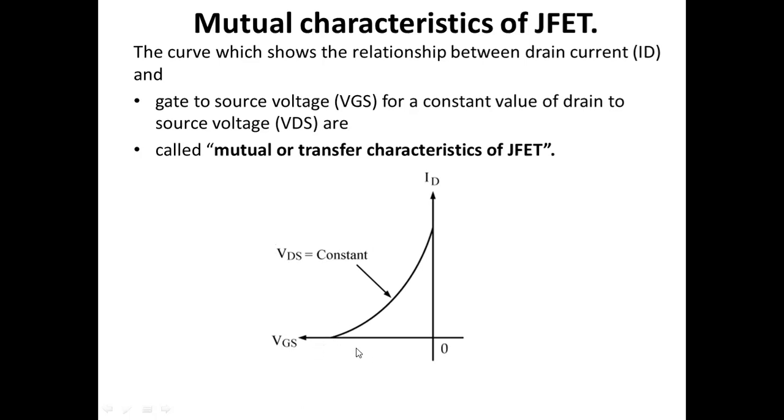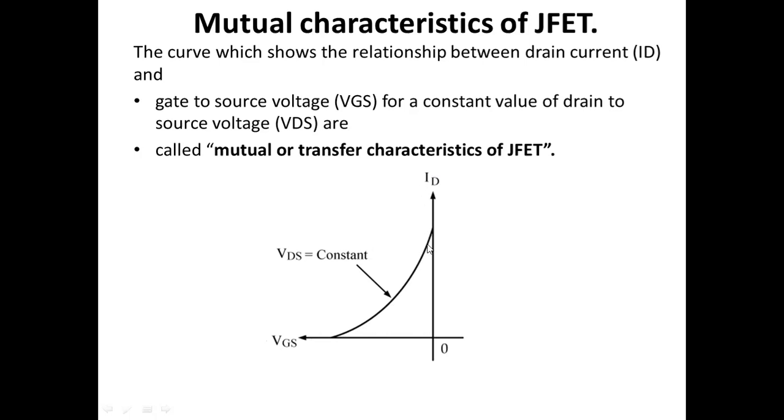Increase the value step by step and record the corresponding drain current at each step: -3, -2, -1, -0.5, 0. In this way, you increase the VGS value step by step and note down the corresponding ID value.